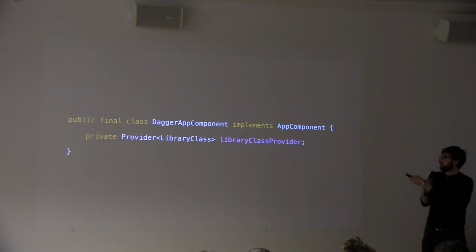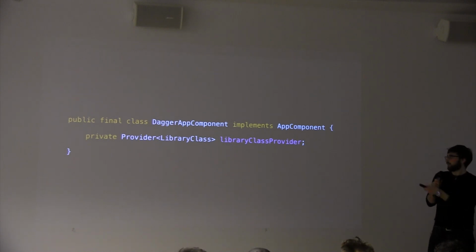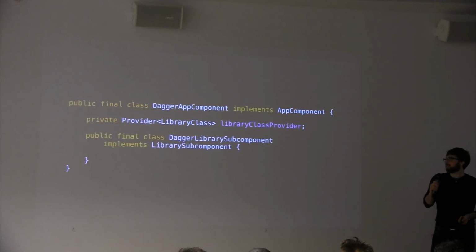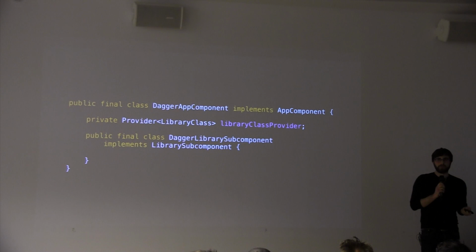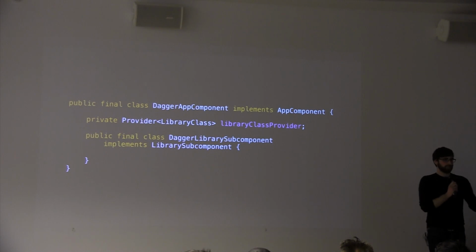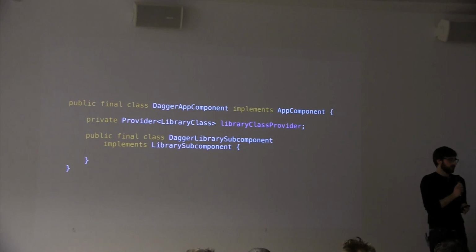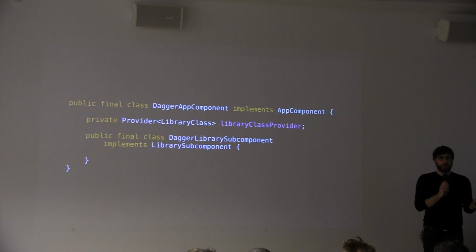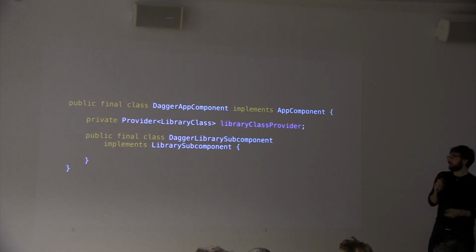So when it generates it, all the bindings from that library module are going to be here in the Dagger app component. And because subcomponents are just inner classes, they're also going to be in this file. And that means when Dagger's generating this code, even though all those modules and all the bindings and the provides methods and the subcomponents are in the library Gradle module, Dagger can't generate any of that code until it generates the app component.